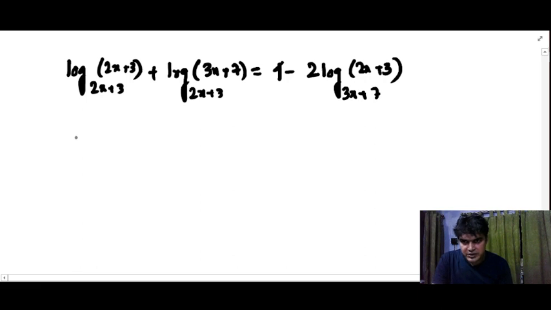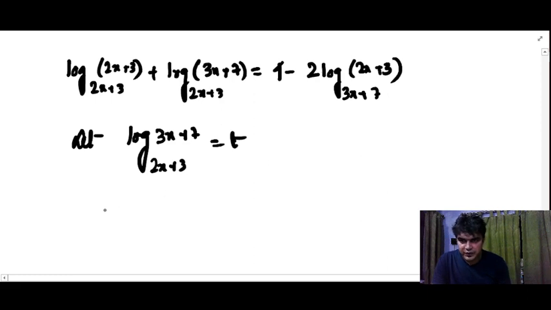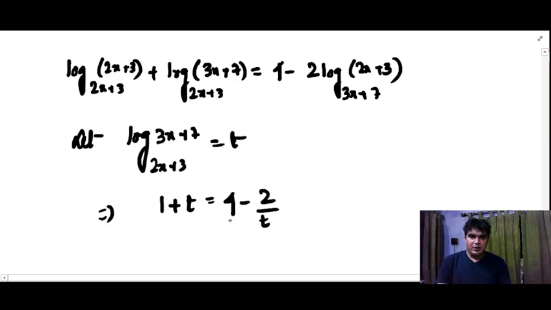So let us take this log of 3x plus 7 base 2x plus 3 equals to t. So if I take this one equals to t, that means I'll get 1 plus t equals to 4 minus 2 by t, right? Now I'm going to simplify it.